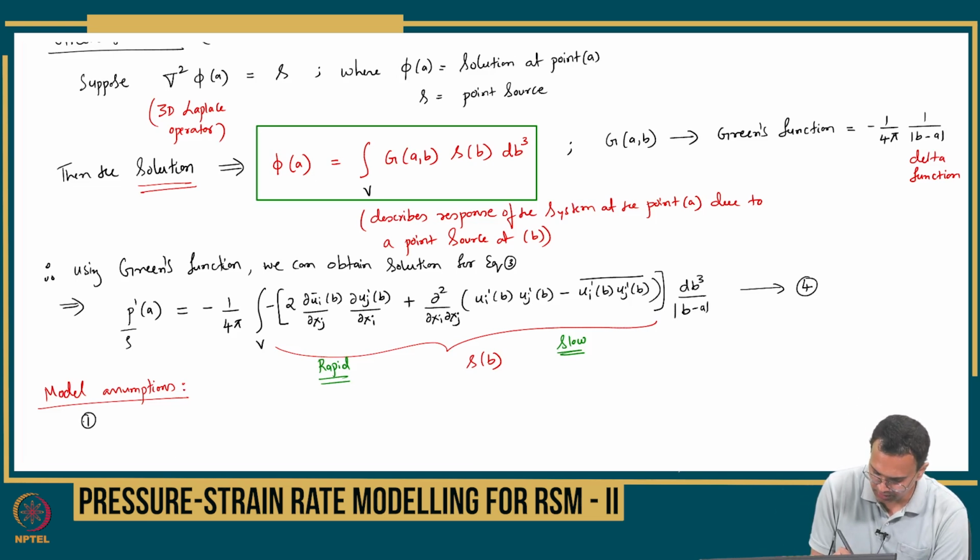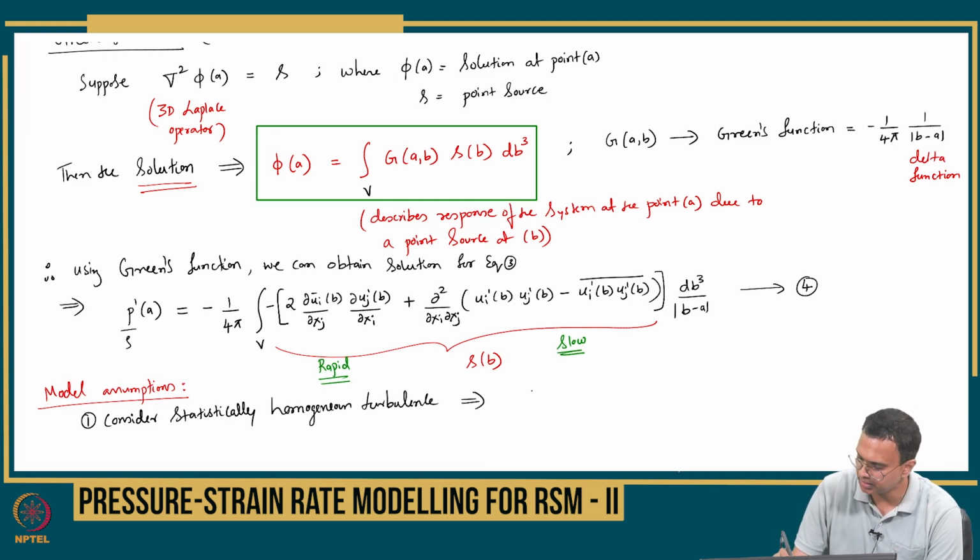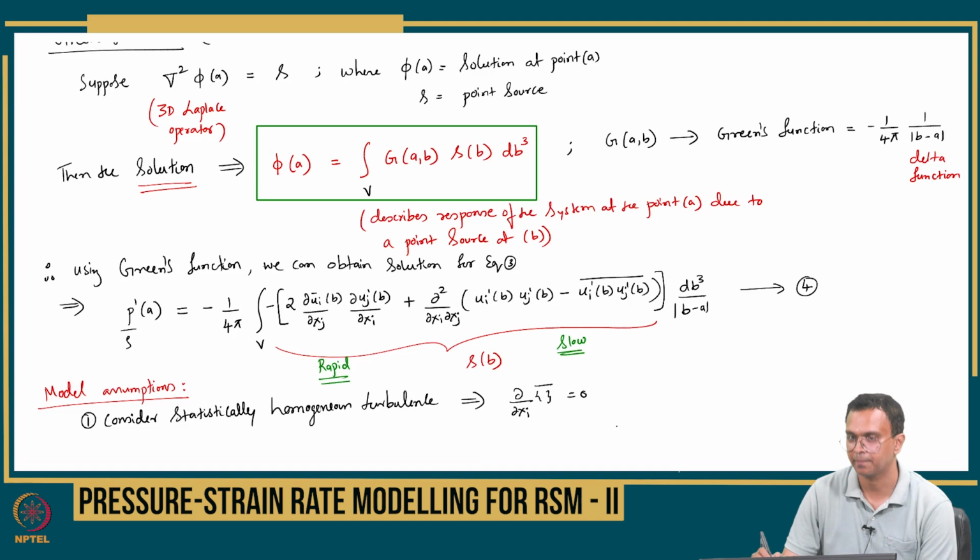So what is that? The first thing is I am going to consider homogeneous turbulence, statistically homogeneous turbulence, which implies I have, let's say, dou by dou xi of some averaged quantity is 0, where I can be 1, 2 and 3, because I need fully statistically homogeneous flow to get rid of that particular component.